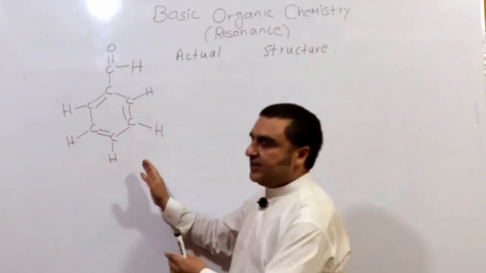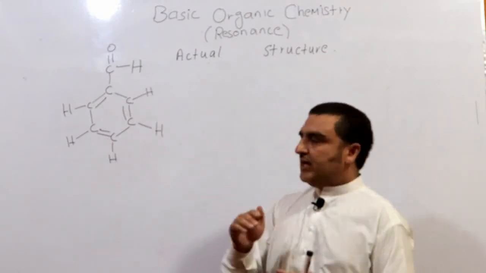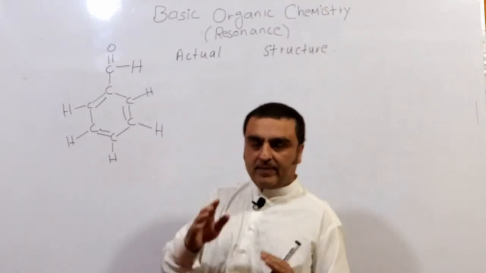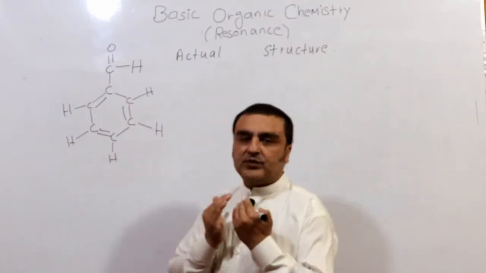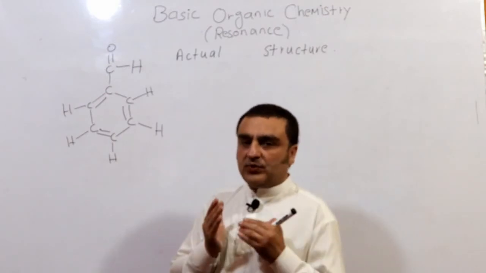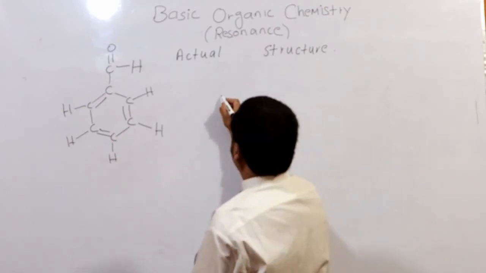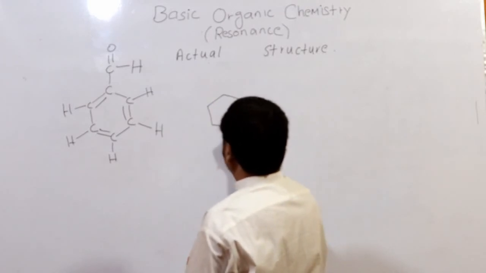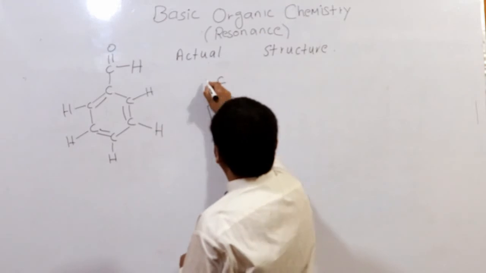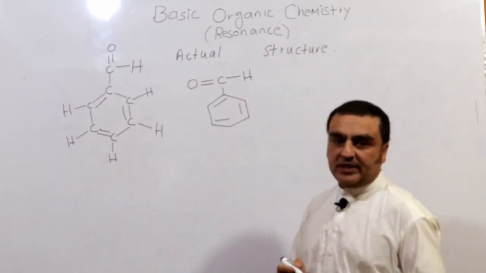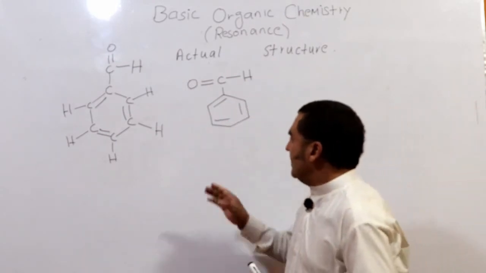This is a benzene and it has an aldehyde present on it, and as you know, the inductive effect of the oxygen is more, so it is an electron withdrawing group by inductive effect and also by resonance. Let me write this structure a little bit cleaner. Now let me write the canonical form of this structure.